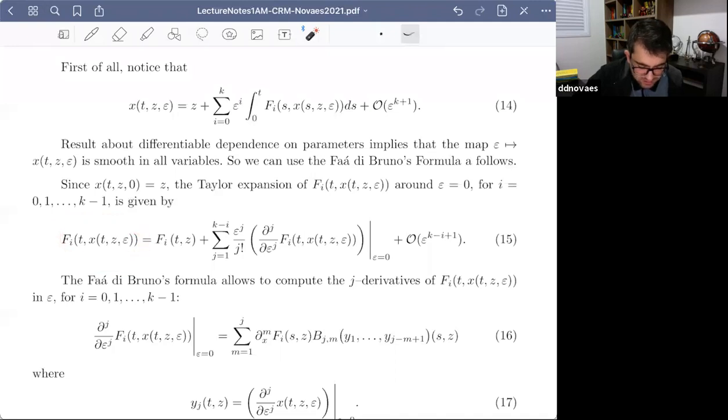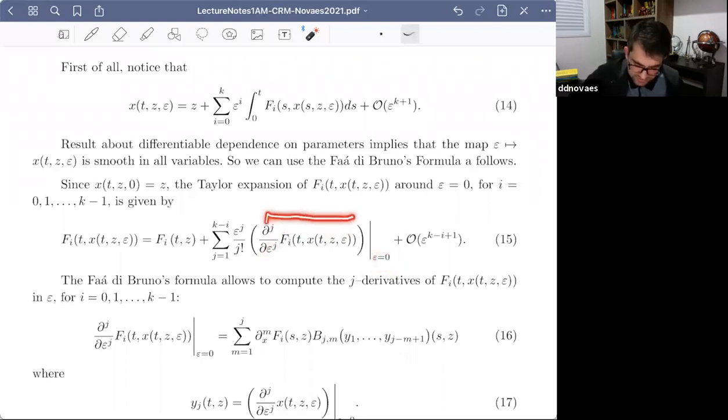phi(t, z) dx(t, z, epsilon) is equal to this function for epsilon equals 0, plus the sum from j equals 1 up to some order of epsilon to the power j divided by j factorial multiplied by the j-th derivative of this composition in epsilon, for epsilon equals 0.